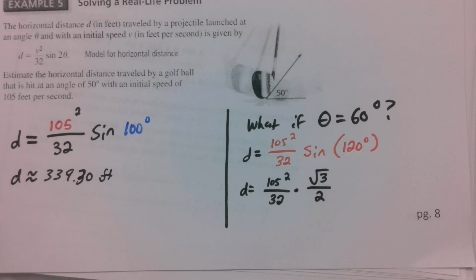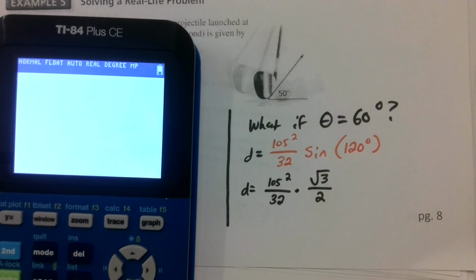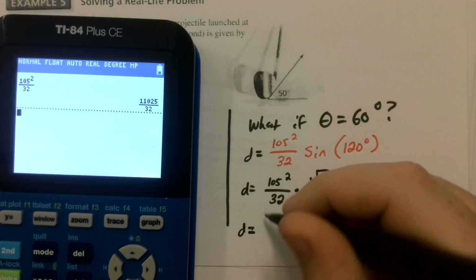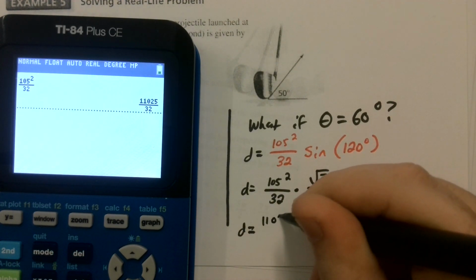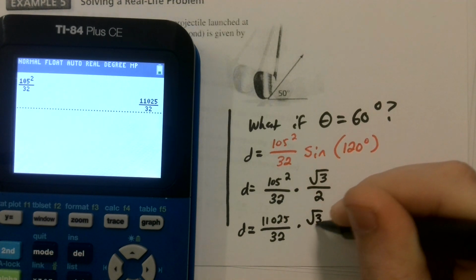We can go ahead and simplify this fraction as much as possible to get an exact answer. So, first off, 105 squared over 32, if I want to simplify it using my calculator, just put it into a fraction form like this, it'll straight up simplify it for you. What we get is that d is 11,025 over 32 times root 3 over 2.